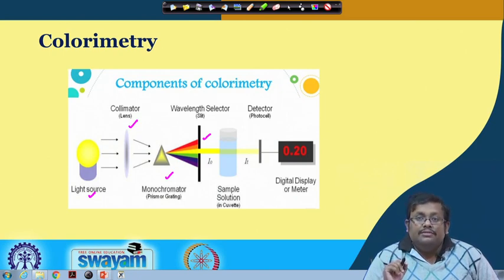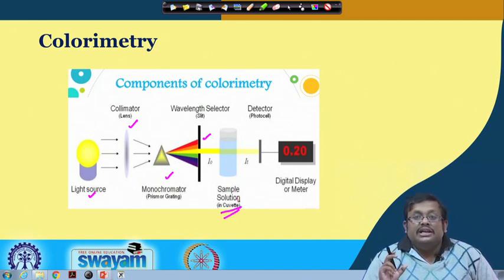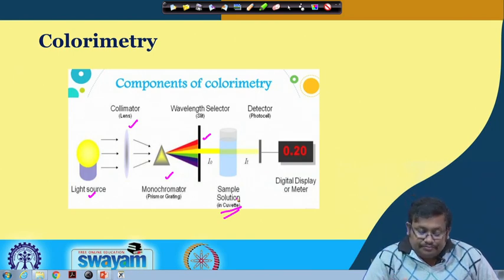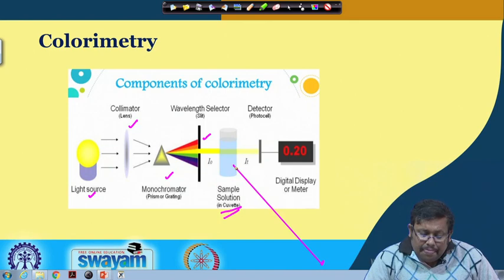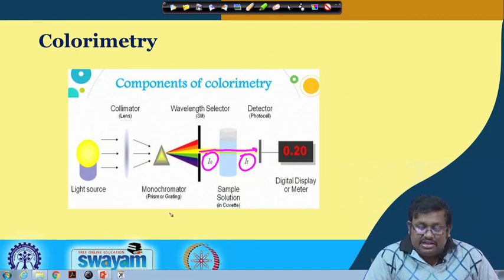For measuring the concentration of that blue color, or the phosphate, you have to take that solution into a cuvette, which is a quartz or fiber made transparent container. So, the monochromatic radiation is going through the sample solution. I0 is the incident radiation and IT is the transmitted radiation.